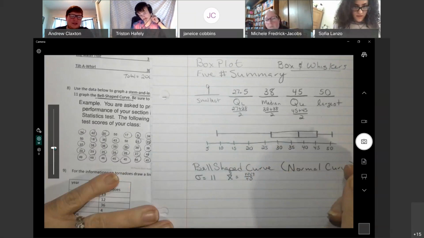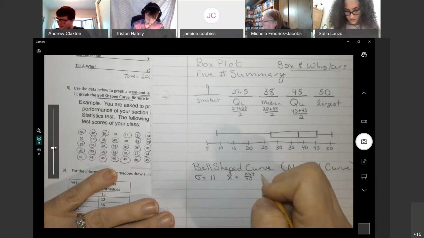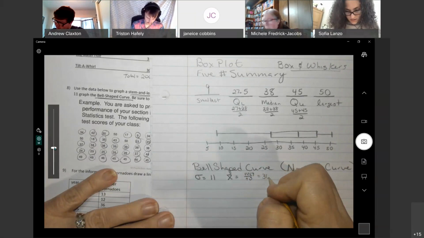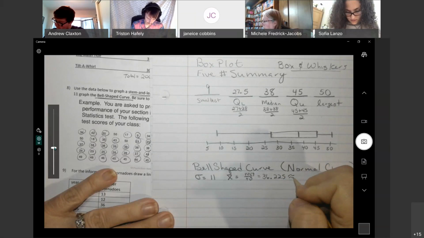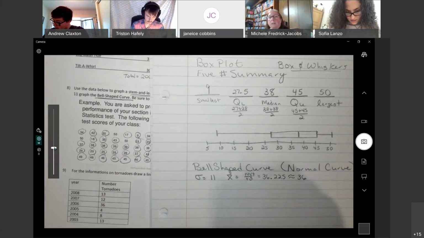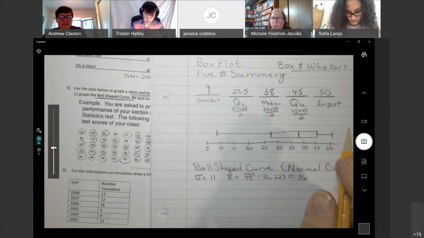And then we divide by 40. So it's approximately 36. Any questions on that? We'll definitely have to graph these on a test.